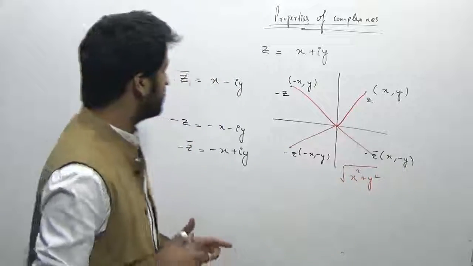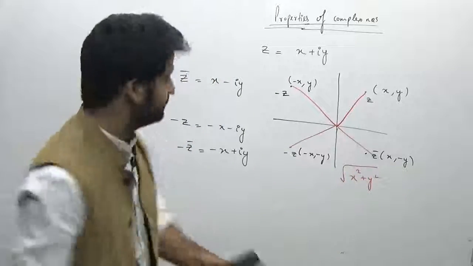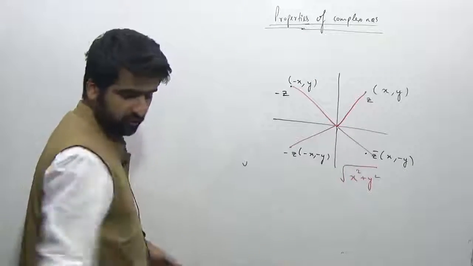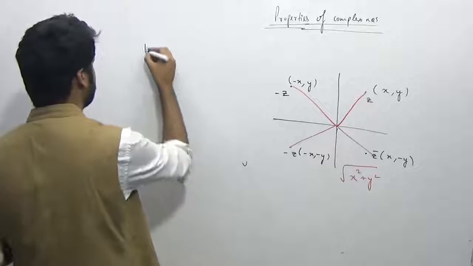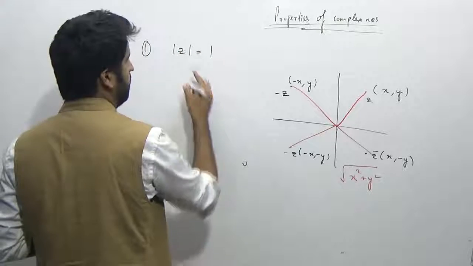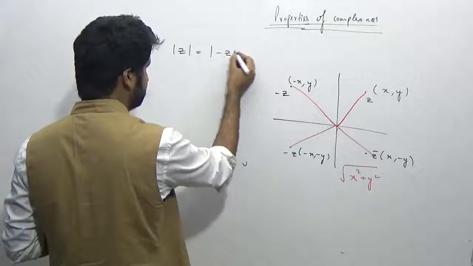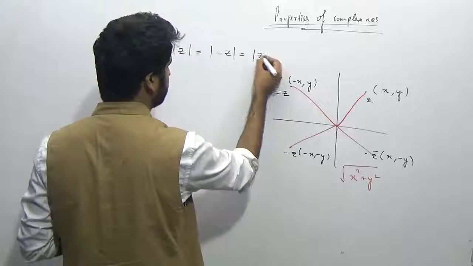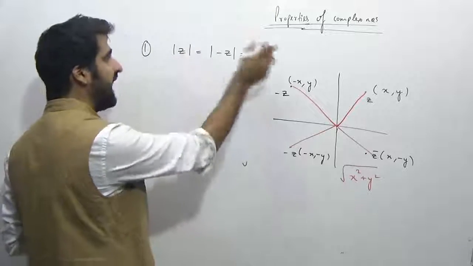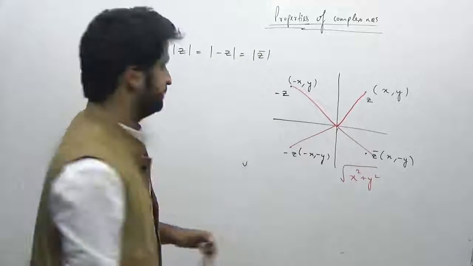So we can draw our conclusion from here. This will be the first property: modulus of z is equal to modulus of negative of z, and this is equal to modulus of conjugate of z. So the modulus of a complex number and its conjugate are both equal.